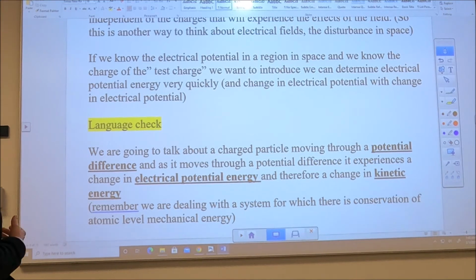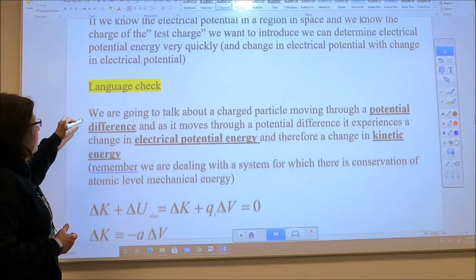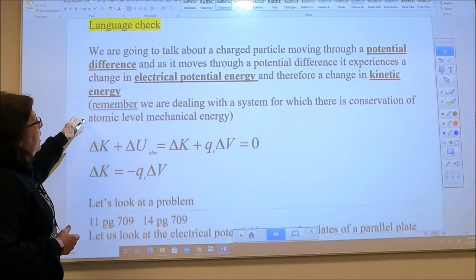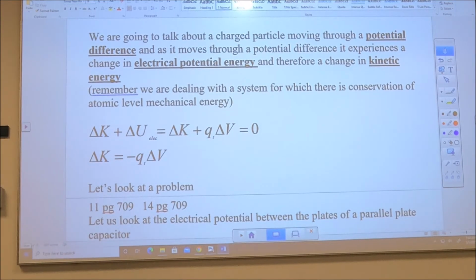So let's do a language check. Okay, so we can talk about potential difference, and when a charged particle moves through a potential difference, it experiences a change in electrical potential energy, and therefore a change in kinetic energy.